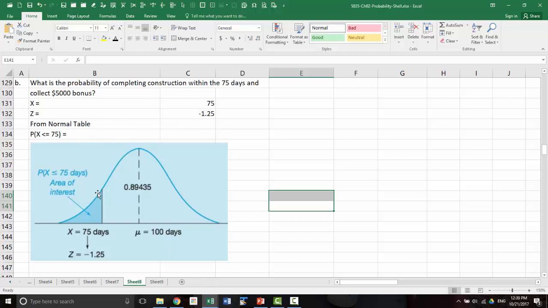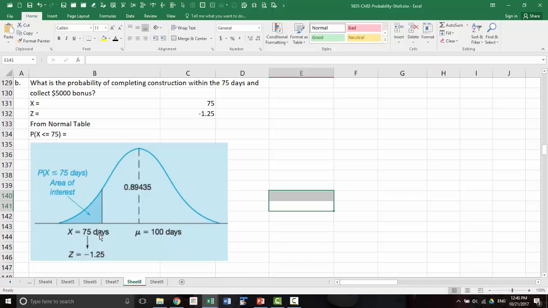But if you go to the table, you see that the table lists only values of Z from 0 onwards, so 50% and onwards. So how can we get the probability for a negative Z?